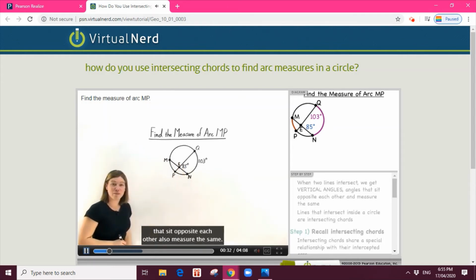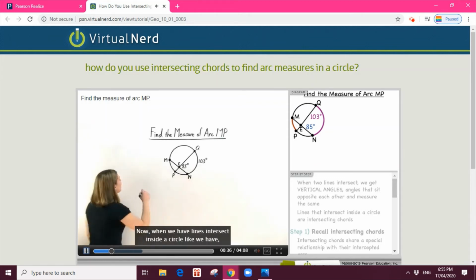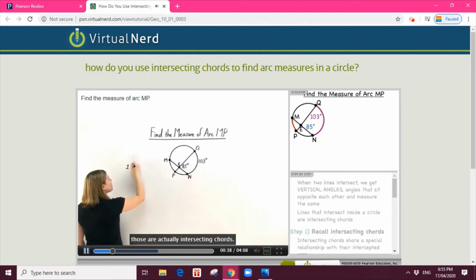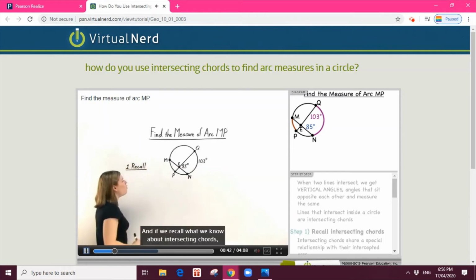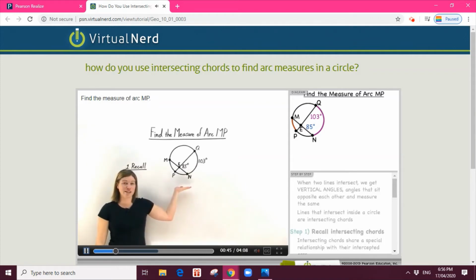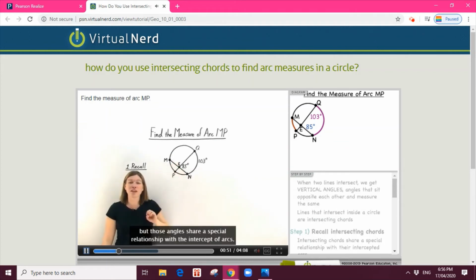also measure the same. Now, when we have lines intersect inside a circle, like we have, those are actually intersecting chords. And if we recall what we know about intersecting chords, it turns out that not only do we get those vertical angles, but those angles share a special relationship with the intercepted arcs.